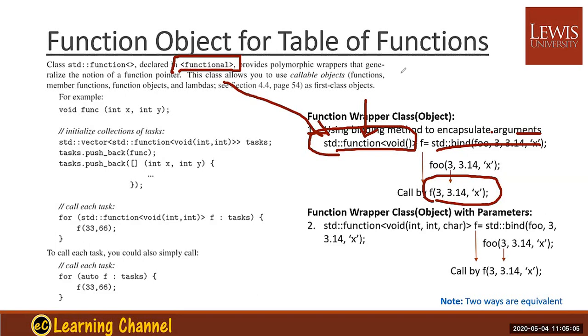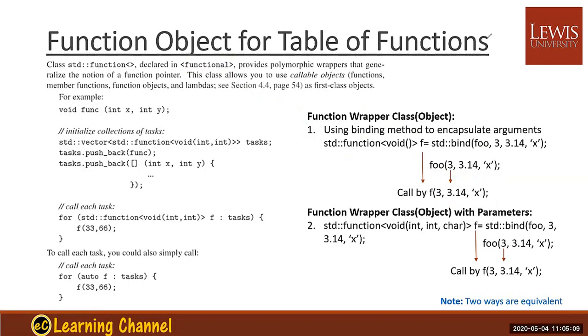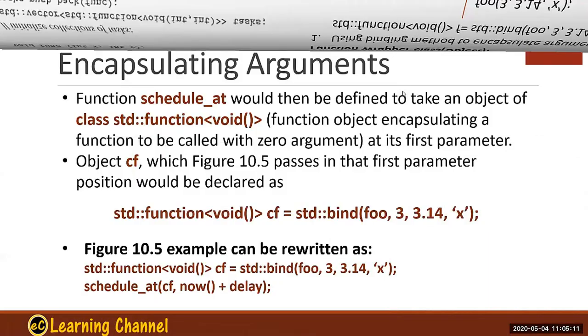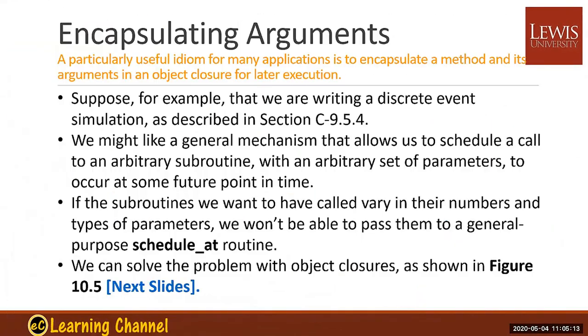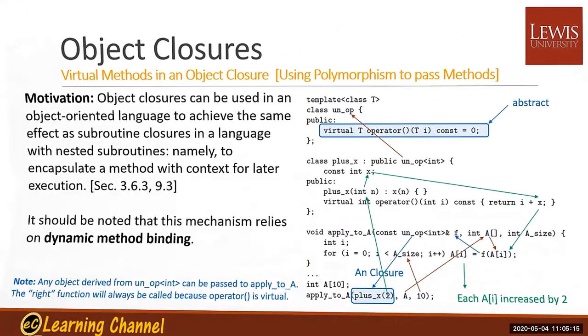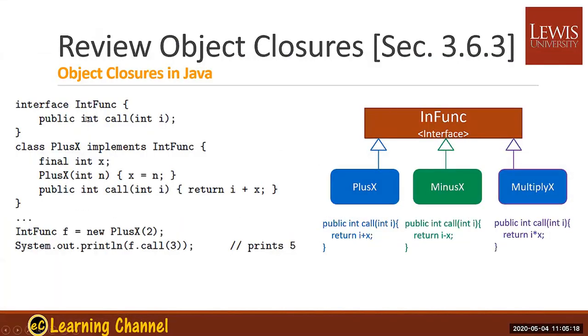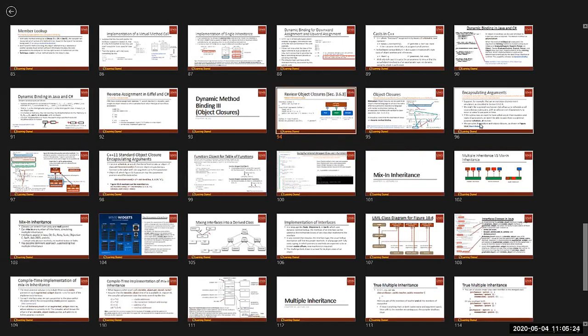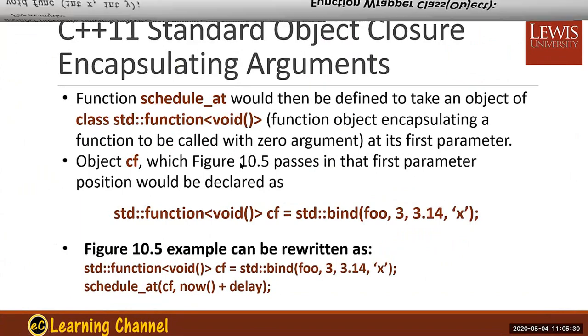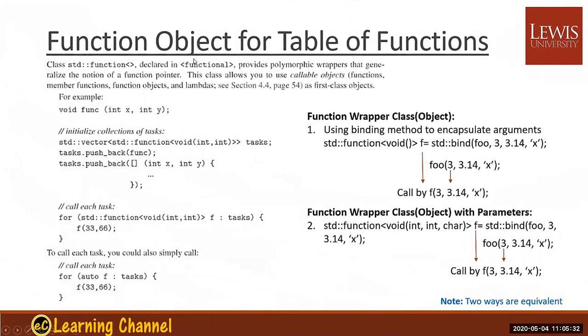So what I really want to say here is C++ has a systematic way of calling a library. You don't need to write your own. You don't need to write your own integer function interface. Is that okay? C++ has someone write it for you, with that type of interfaces called functional. Is that okay?